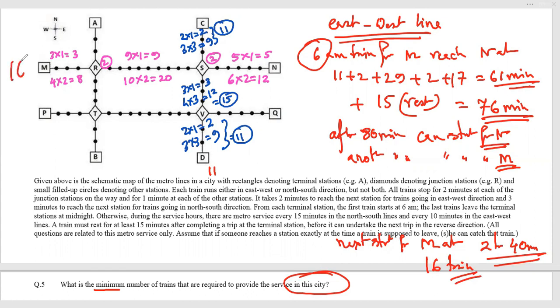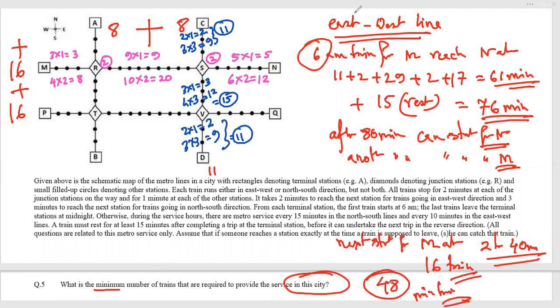So here it would be 16 required, here another 16 required. Here in this line it would be 8 and 8. So total, if I do these additions, 32 plus 16, 48. So my answer would be 48, the minimum number of trains required in the city to run it smoothly.